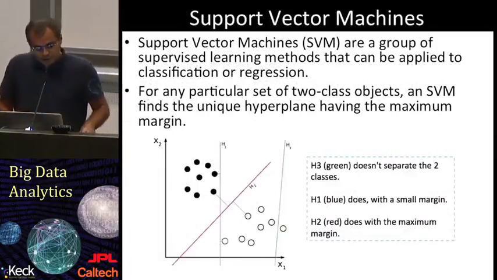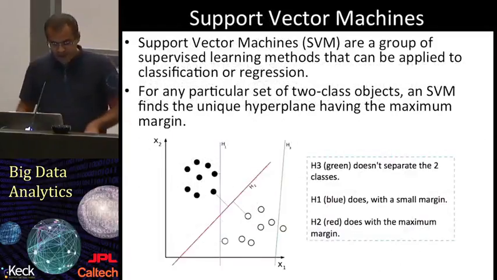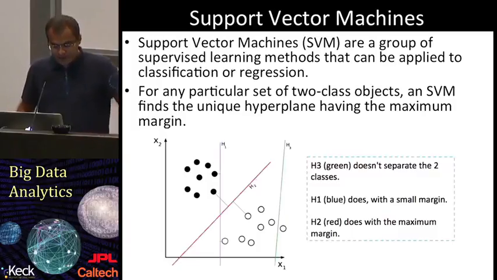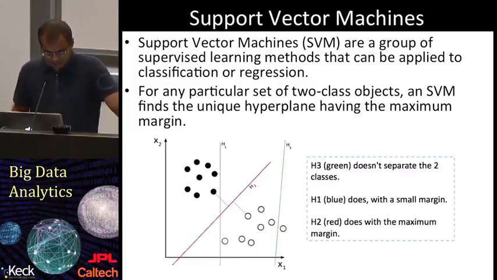Now, support vector machine is another model that can be applied to both classification and regression. For any particular set of two class objects, it finds the unique hyperplane having the maximum margin. Now, let's see what this means with an example.